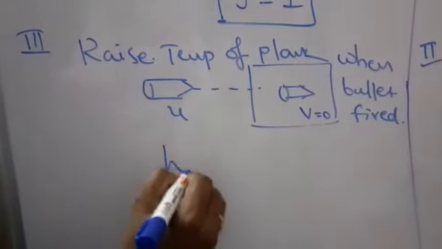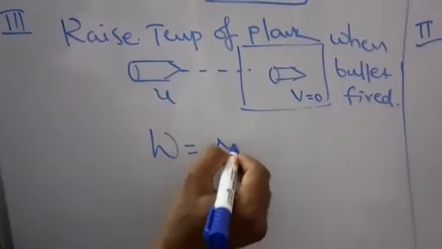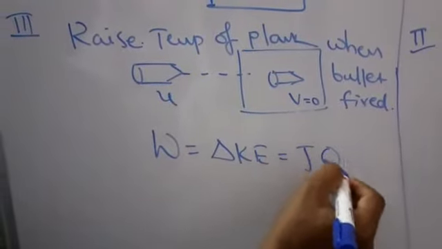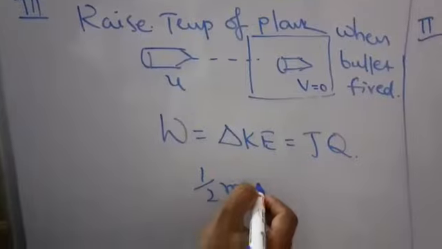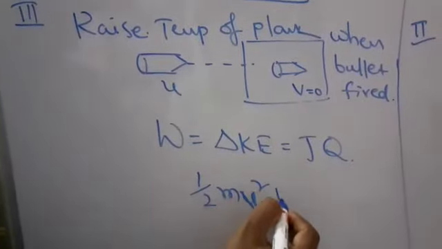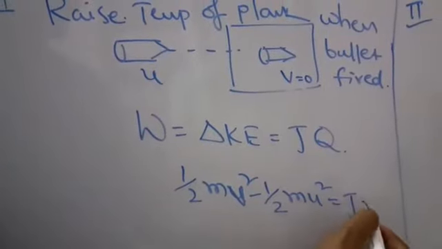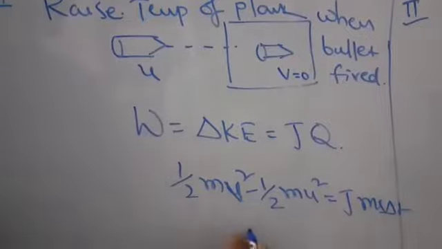Here work done is equal to the change in kinetic energy, that is delta KE, that is equal to J into Q. Therefore, half m v square minus half m u square is equal to J into Q, which is nothing but m s delta T. The final speed becomes 0.